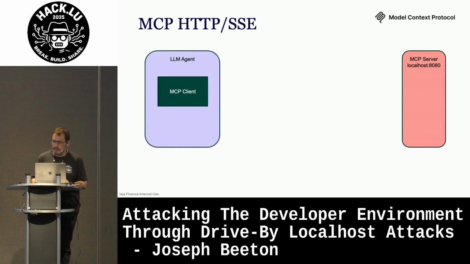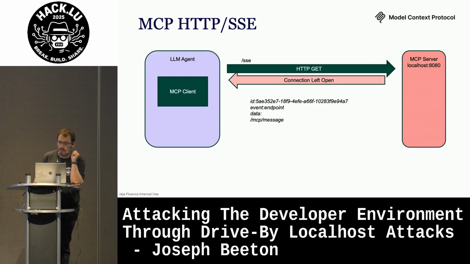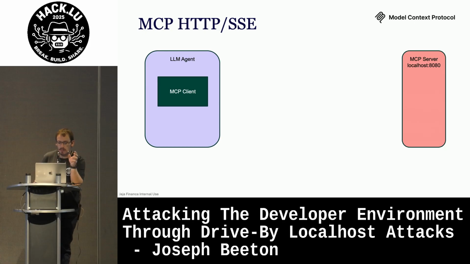So this is what the request is meant to look like. First of all, the client makes an HTTP request to the /sse endpoint. The connection is left open, and it returns a session ID and the location of the MCP path, which is usually /mcp/message. The two things to remember here is that you have a session ID that you're then meant to use for the next request.